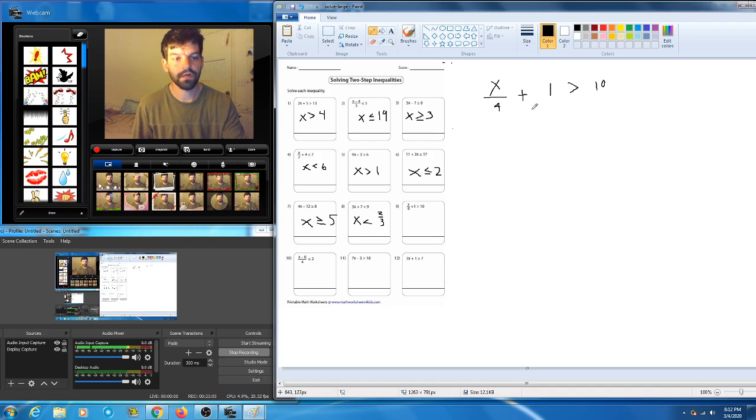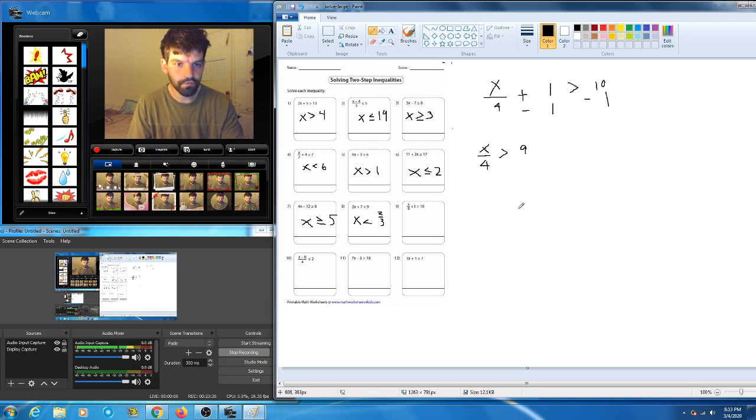Because remember, that 1 is not part of the fraction like it was in number 2. So this will be subtracting 1 from both sides, and we'll get that x divided by 4 is greater than 9.